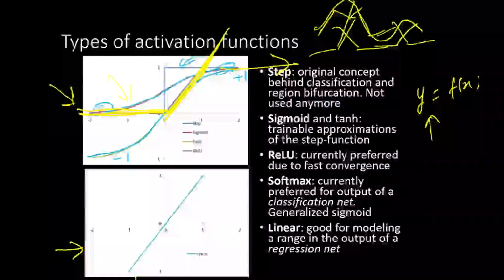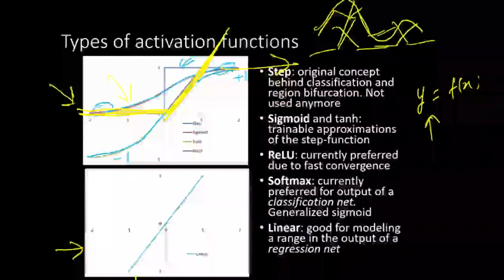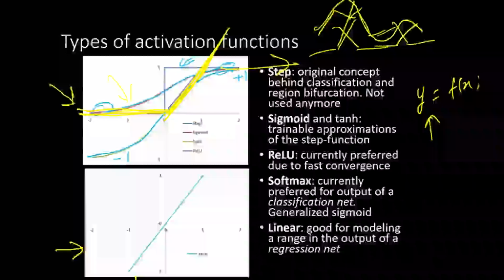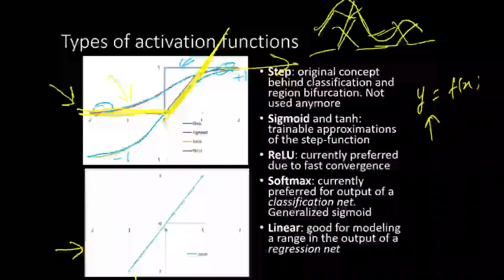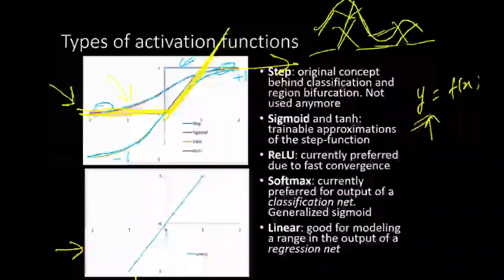If it was a probability, then it's going to be between 0 and 1, and for that the final layer activation is usually sigmoid, or a generalization of that, which is softmax. But for regression tasks, sometimes we want y to have a large range from -infinity to +infinity. So in that case, the last layer will have no activation, or what is called linear activation. So for a regression net, we will have linear activation.